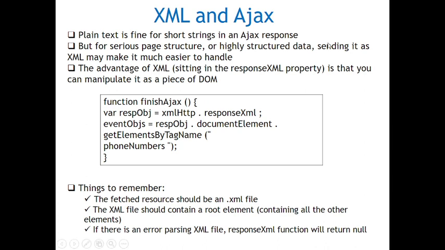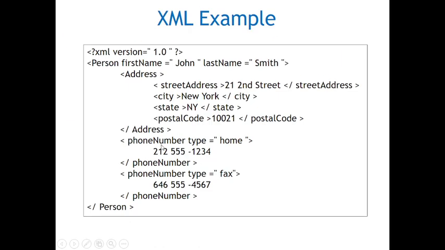Now see how you are going to get the phone numbers from the XML. Suppose the server is sending you XML. How do you read that? Using getElementsByTagName. In that, phoneNumber is a tag. You know this one, phone number.